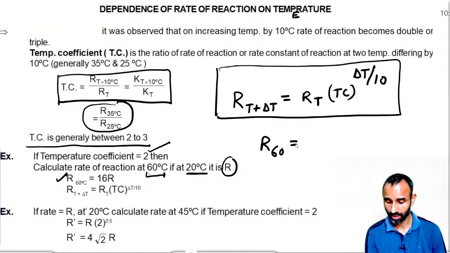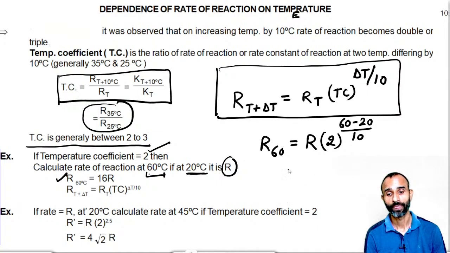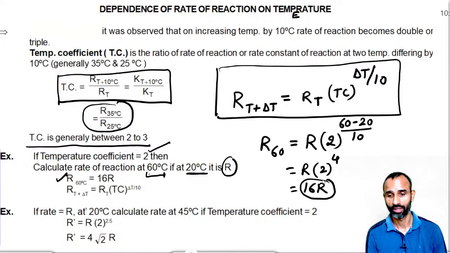R60 is equal to RT, that is R, times temperature coefficient 2 raised to power T minus 20 divided by 10. That is R times 2 raised to power 4. This gives 16R.